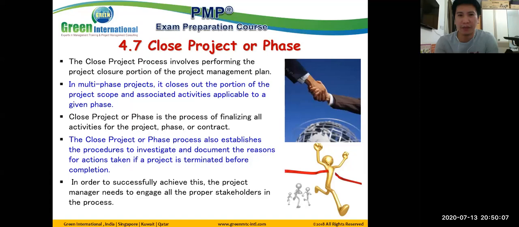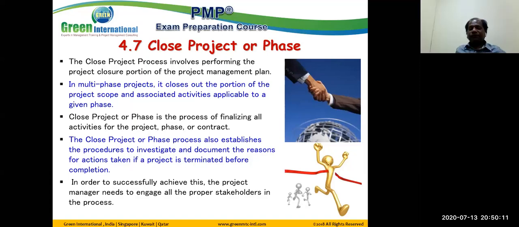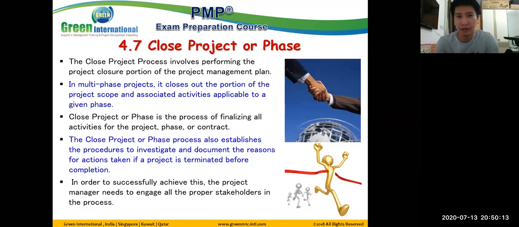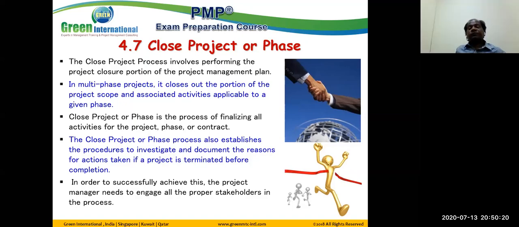After we have implemented all the integrated process or the project management process that we establish. So the close project process involves performing the project closure portion of the project management plan. That's the meaning.